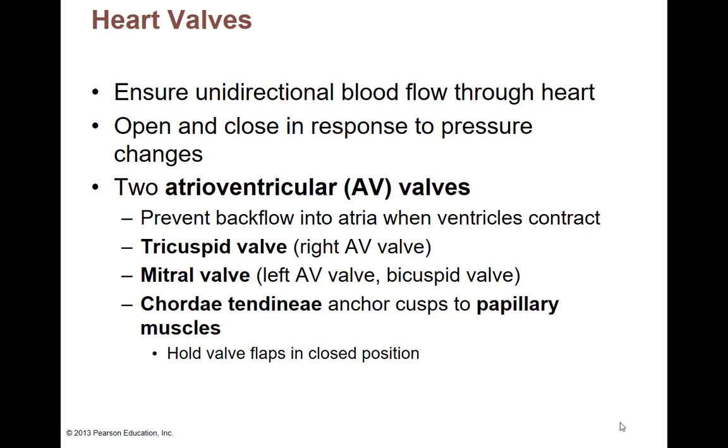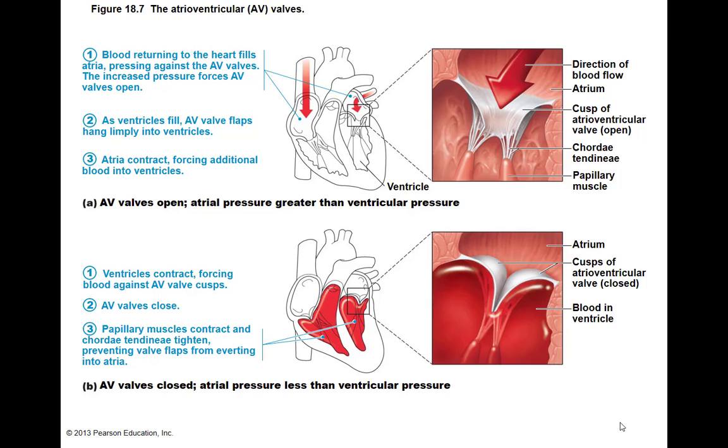It helps hold those flaps in a closed position until they need to open. Here's a way better picture than my drawing. Little chordae tendineae. Sometimes they're even nicknamed little heart strings because they look like tiny little strings hanging off those ventricles. And they're attached to the papillary muscles in the ventricle. And yes, it'll hold those valves closed unless something is pushing them open.